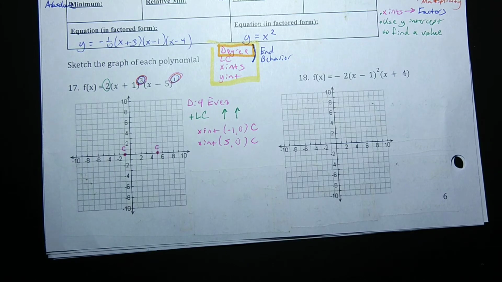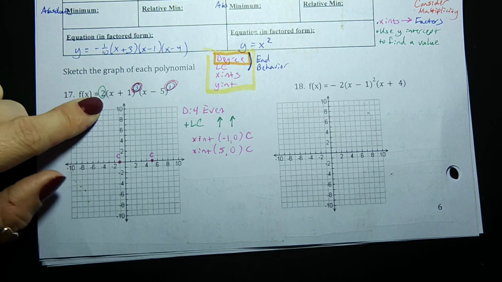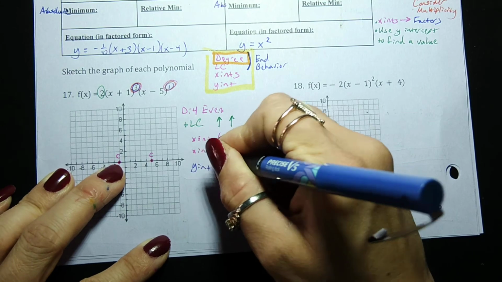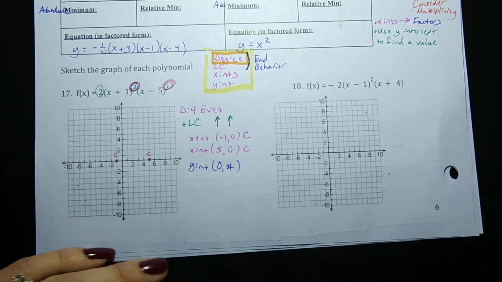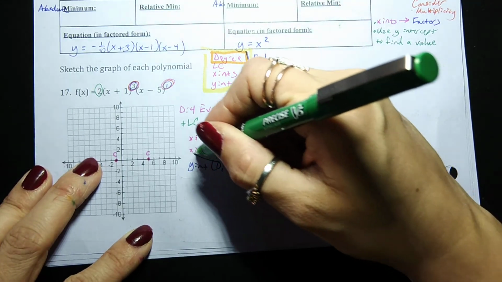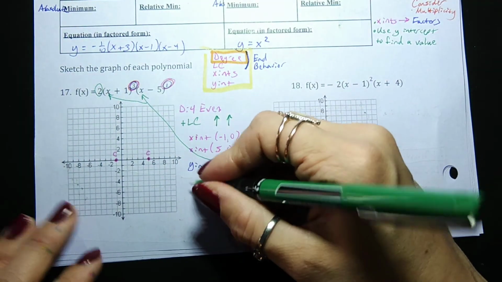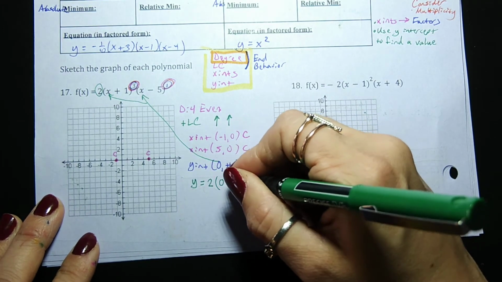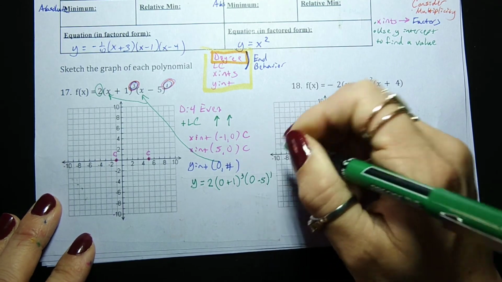Now for the y-intercept, we have our a value, which we didn't have up here, but what we need to do to find our y-intercept is plug in 0 to the equation to find the corresponding number that goes with it. So I'm going to plug 0 in for this x and this x, and then solve for y. So y equals 2 times (0 plus 1) cubed, (0 minus 5) to the first.